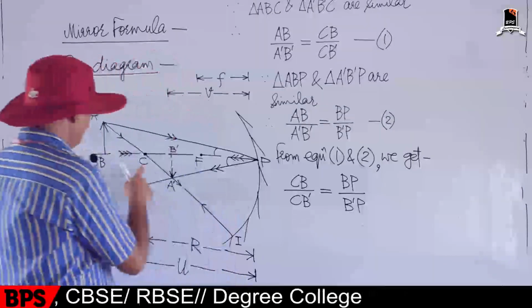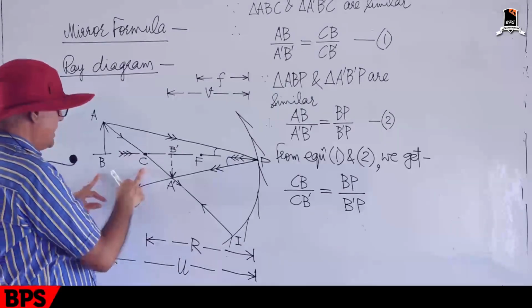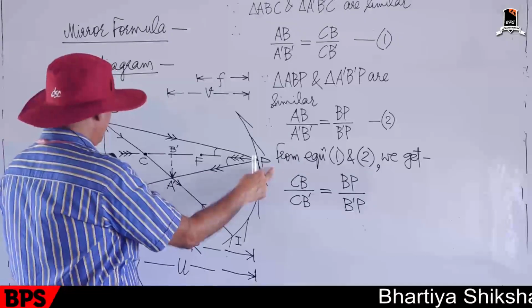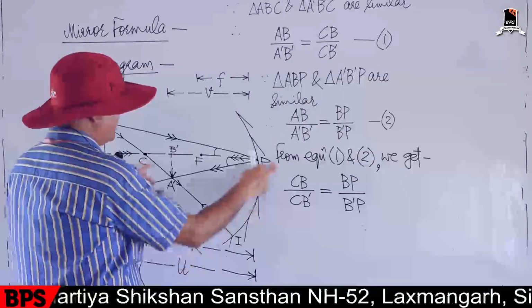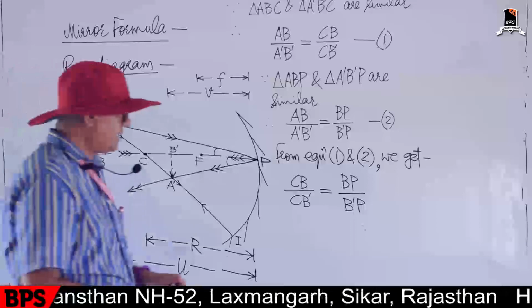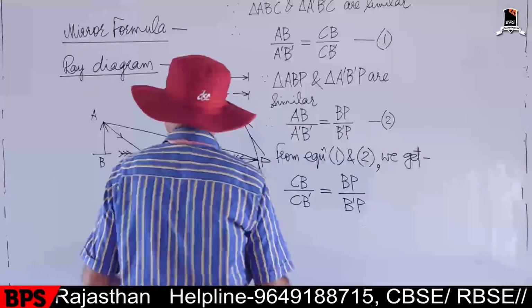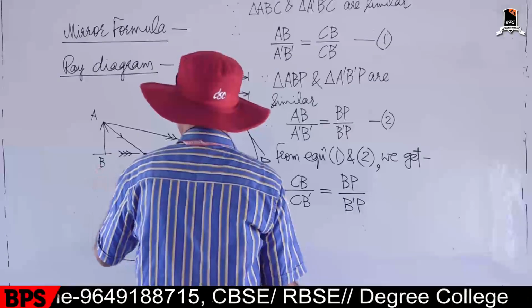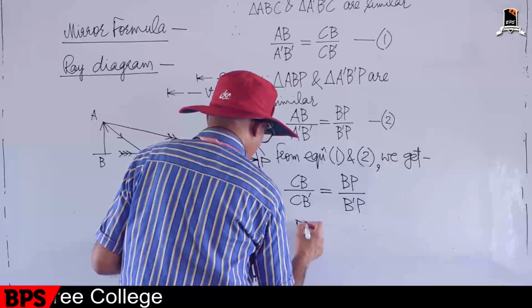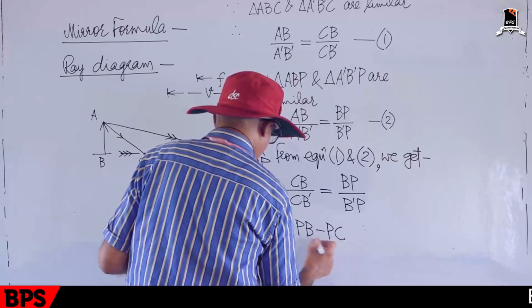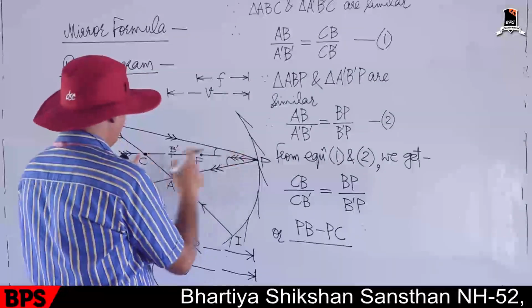Likewise CB is also not defined in terms of U, V, F and R, so we will change this distance as BP minus CP, that is U minus R. In the next step, through the ray diagram, CB is PB minus PC, divided by CB dash. CB dash is what? PC minus PB dash.